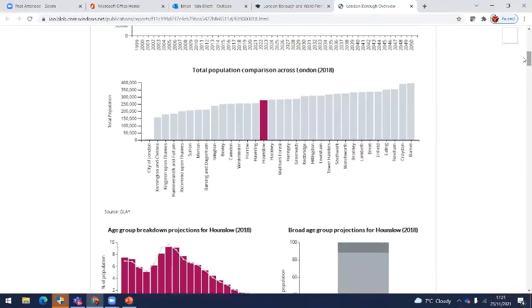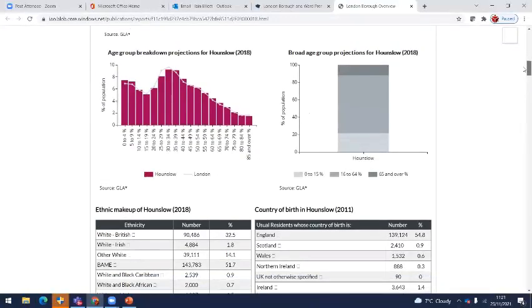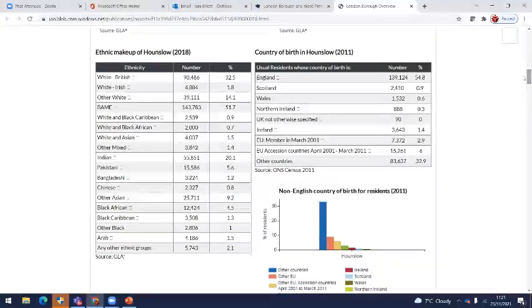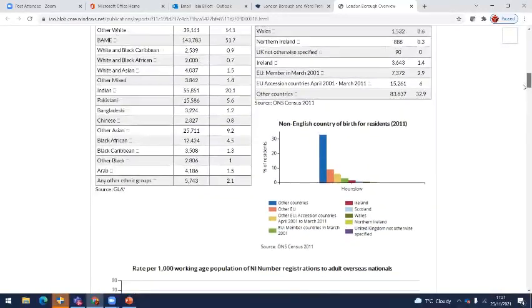Comparing population in other London boroughs, age breakdown, ethnic makeup of Hounslow, 2018 figures. Country of birth, obviously that was the last census figure, so that will be updated at some point in the next couple of years with the census figures from last year.